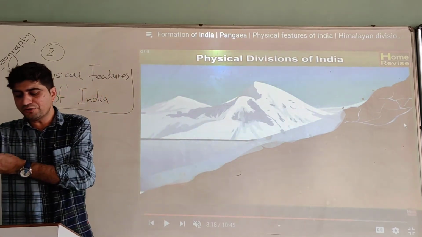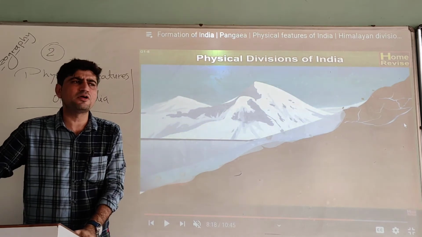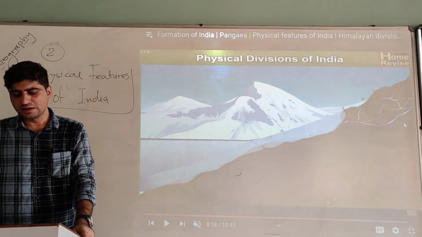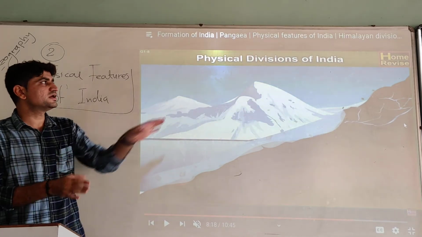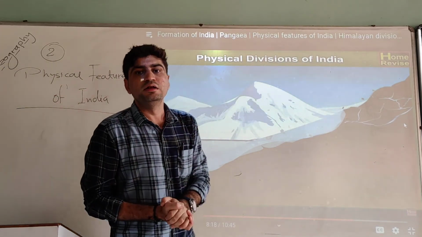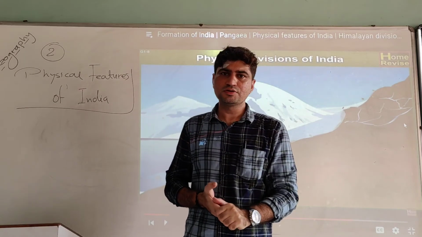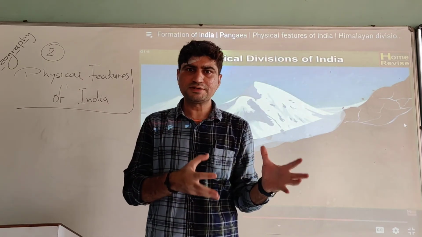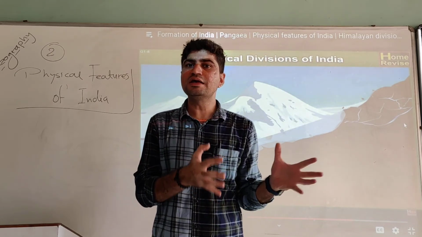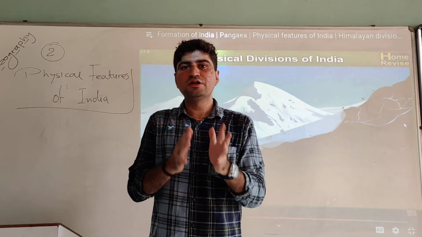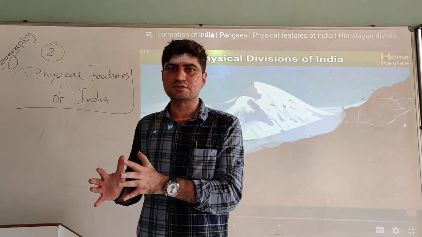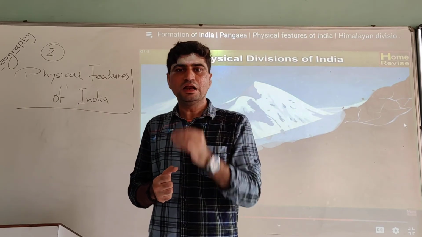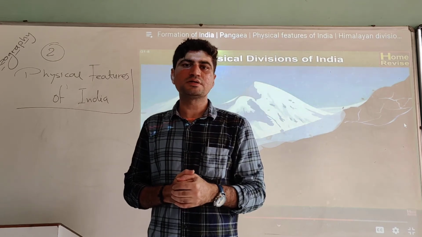The peninsular plateau is composed of igneous and metamorphic rocks, which is part of the Gondwana land. There are 6 physical divisions of India, on the basis of different landforms. About those physical divisions, and each of them in detail, we will discuss in the upcoming videos.